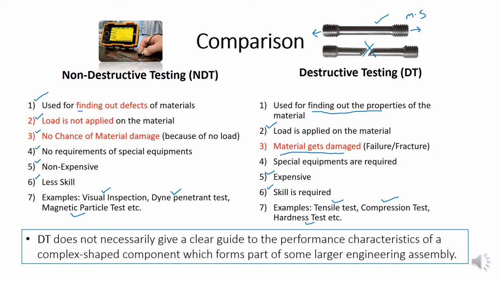Suppose you have to make another complex shaped component which is made up of mild steel, then it is not necessary that the tensile testing will give you a clear indication of how that complex shaped component will perform when it is subjected to the particular type of application for which that component is designed. So it is not necessarily always the case.